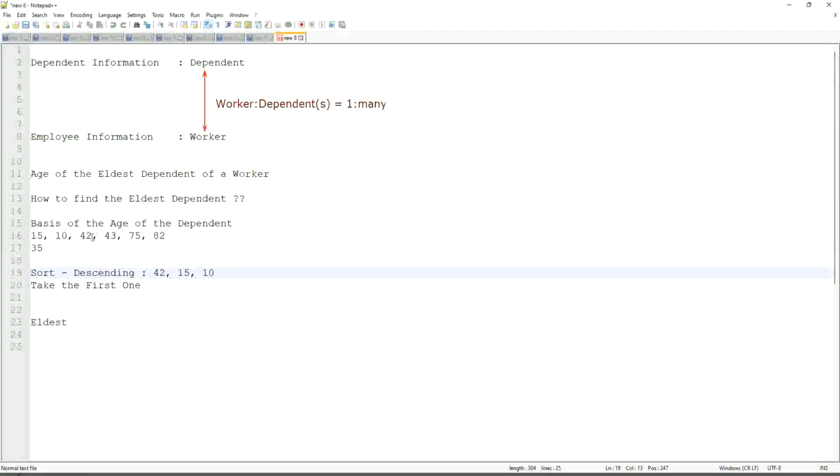Right. Only one problem is if there are multiple dependents with the same age. If there are only children as dependents, and there is a twin the same age. So yeah, at that point it becomes difficult, but other than that it is more or less foolproof.